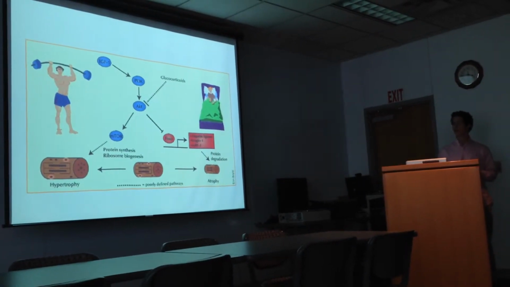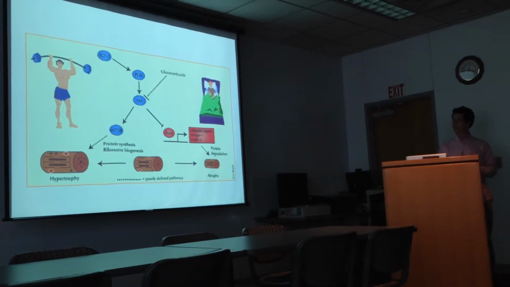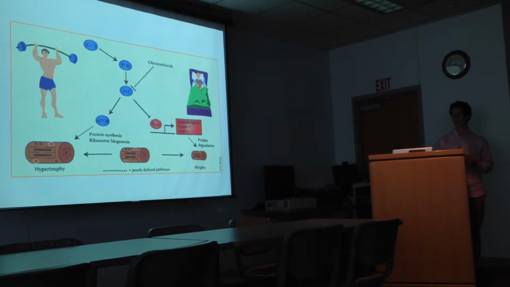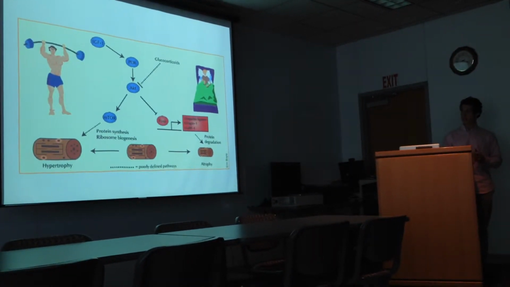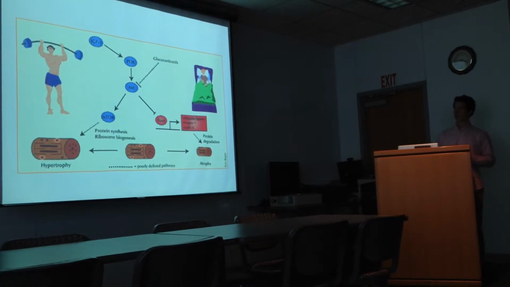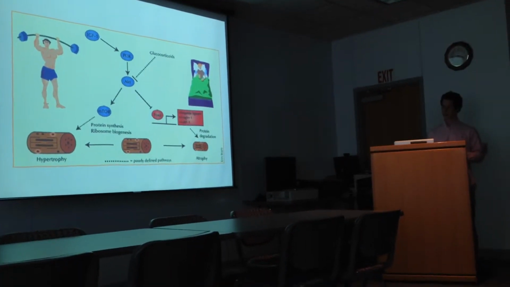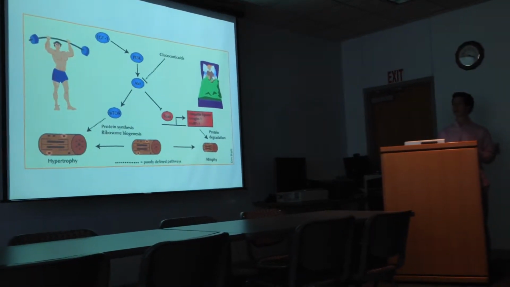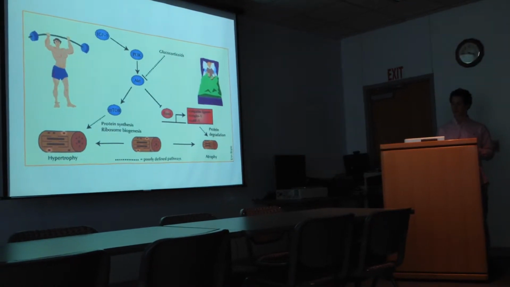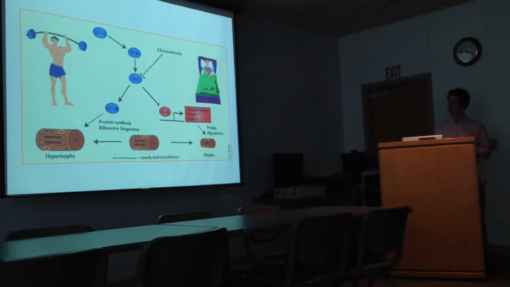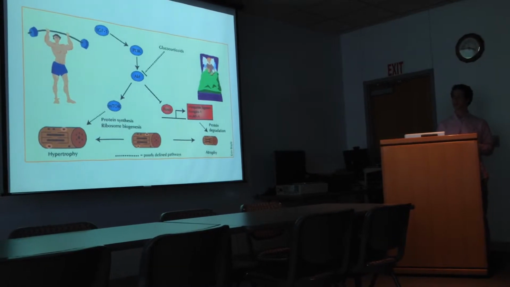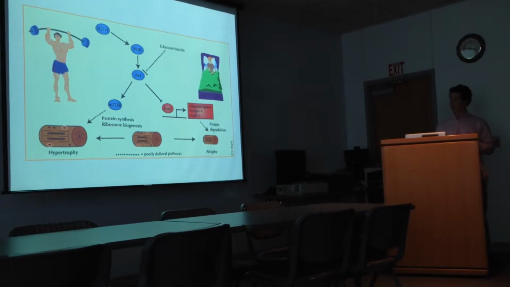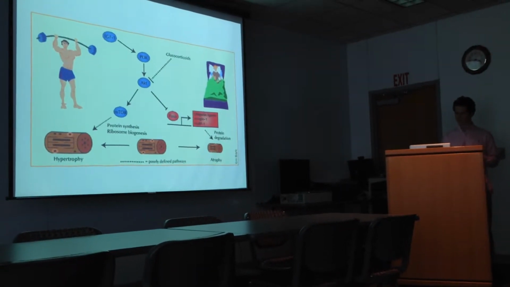So most of what we know about myocyte atrophy and hypertrophy comes from studies in skeletal muscle, in growing muscle and hypertrophic muscle. IGF-1, insulin-like growth factor 1, activates PI3 kinase, which then activates the AKT pathway, upregulating mTOR and leading to the growth of skeletal muscle by protein synthesis.